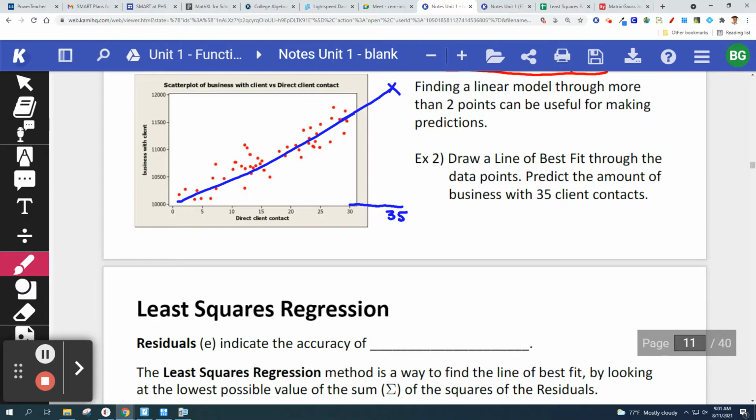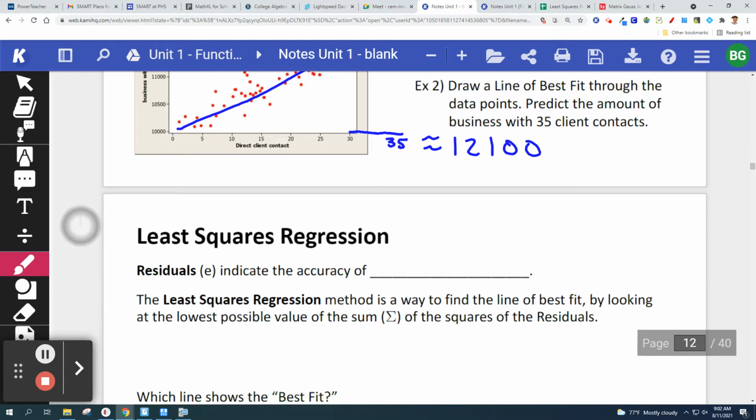I don't know, it depends on how you drew your line, but I'm going to guess 12,100. And that is just an approximation. I would have to do a lot of calculations to find it more accurate than that. But just based off that picture, 12,000, 12,100, something like that.